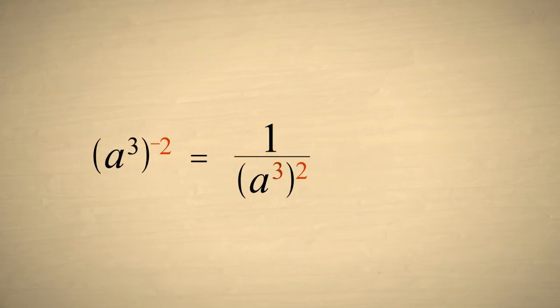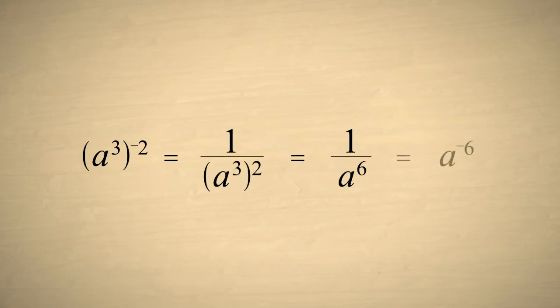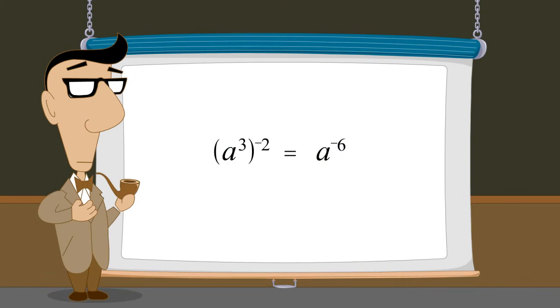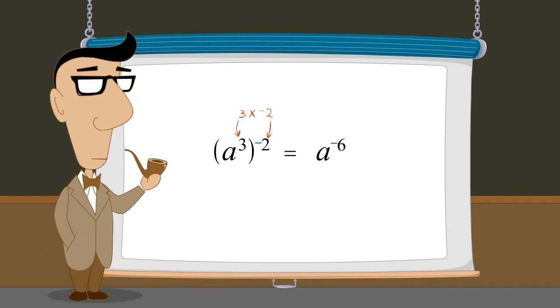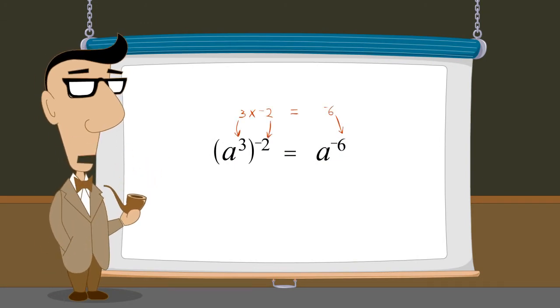Now, multiplying the exponents, we get 1 over a to the 6th power, which is the same as a to the negative 6th power. Since 3 times negative 2 is negative 6, so far our rule of multiplying exponents works.